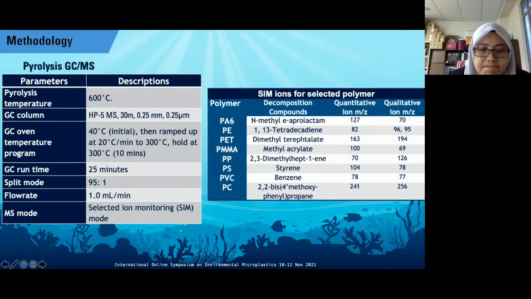So we have PA6, which is polyamide 6 or nylon, polyethylene, polyesters or polyethylene terephthalate, PMMA, polypropylene, PS, PVC, and polycarbonate.